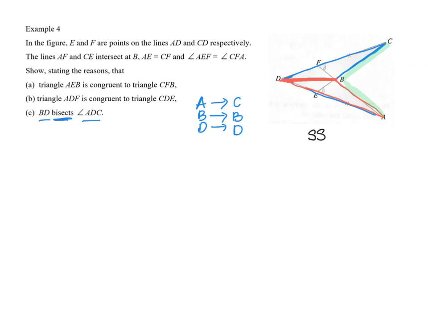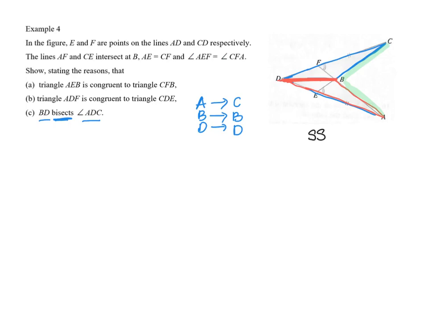Or I can also use part B. I know that in part B, triangle ADF and CDE are actually congruent. So maybe I can have angles or another side.